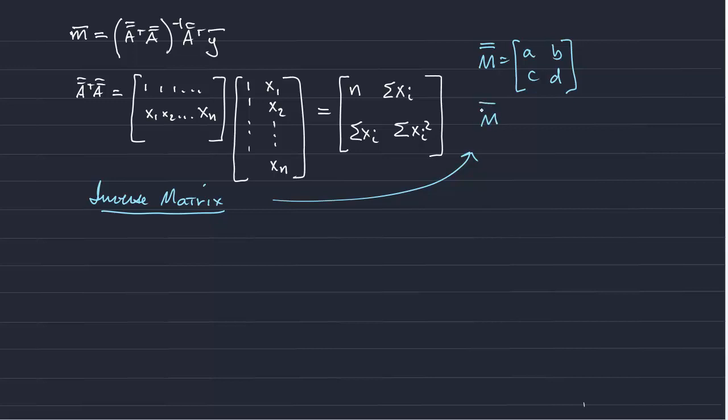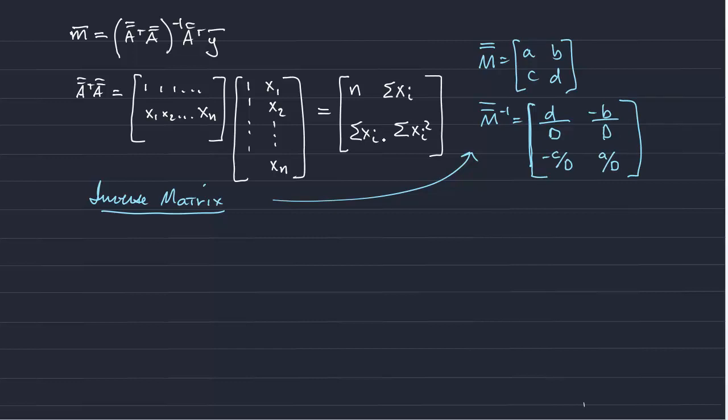Then M inverse is equal to D, the opposite diagonal, in the first component over the determinant. We have minus B over the determinant in the next component, minus C over the determinant, and then A over the determinant. And that's the inverse of matrix M.